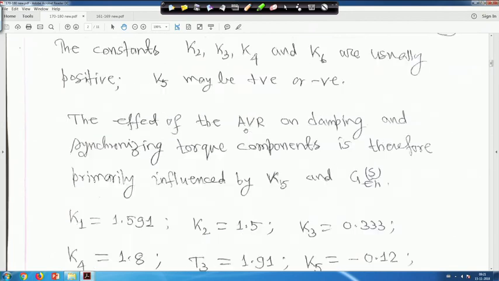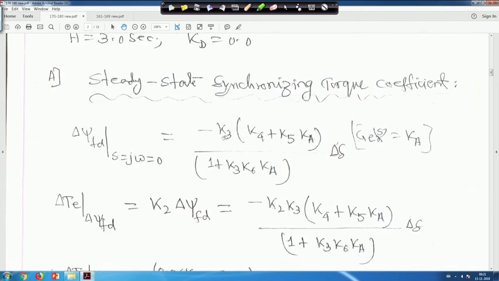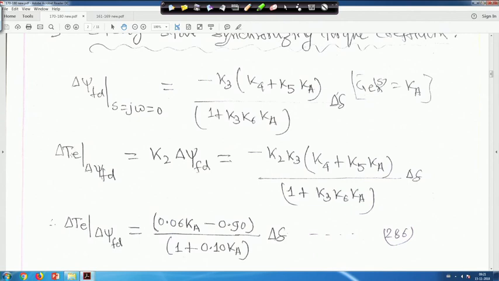So here, same thing, when we substitute all this, we will get minus K3 in bracket K4 plus K5 Ka, because Gx is equal to Ka divided by 1 plus K3 K6 Ka, into delta delta. Now, therefore, delta Te, that component of delta Te due to delta psi fd, because in that block two terms are there: delta Te is equal to K2 delta psi fd plus K1 delta delta.